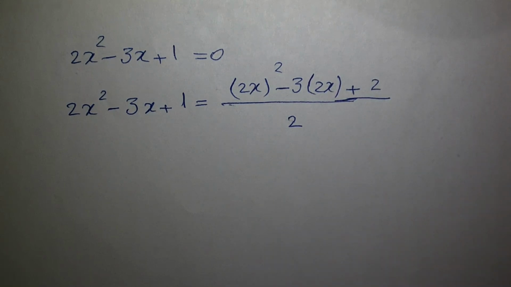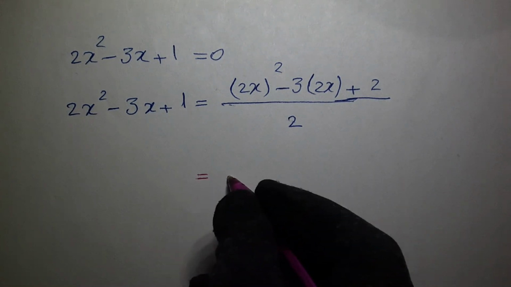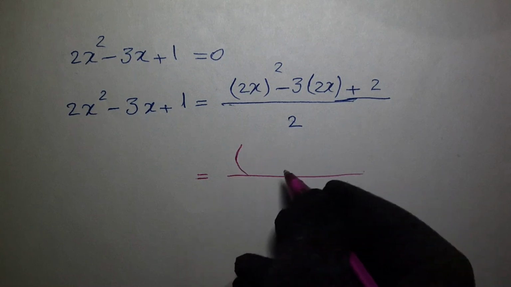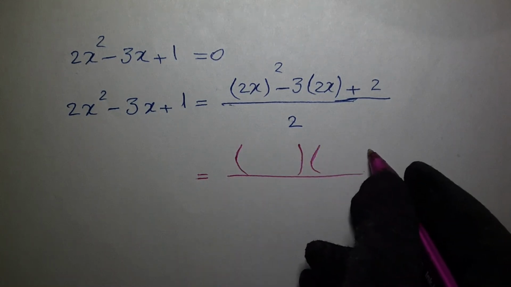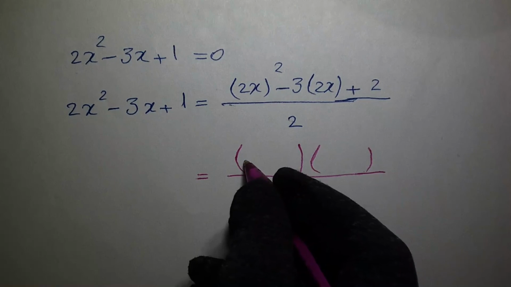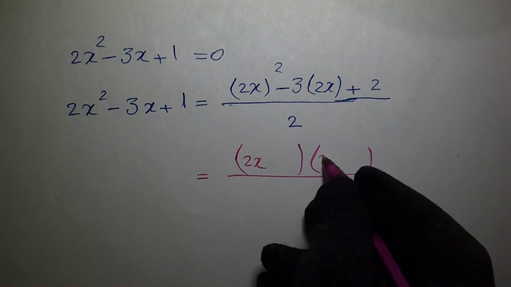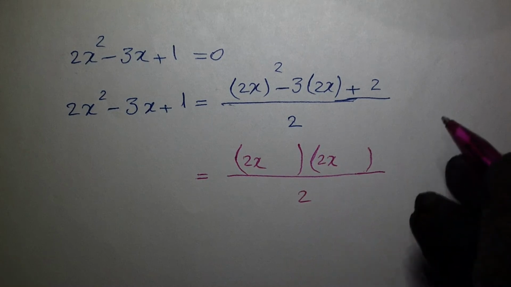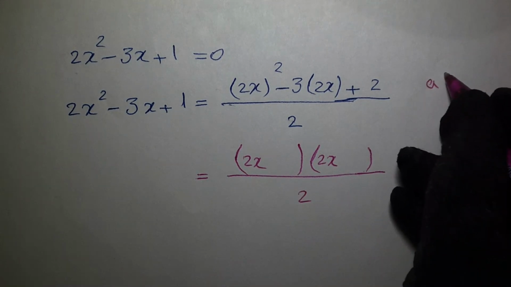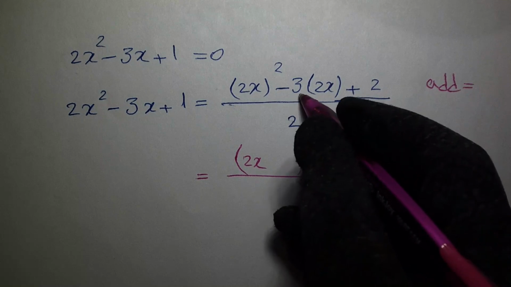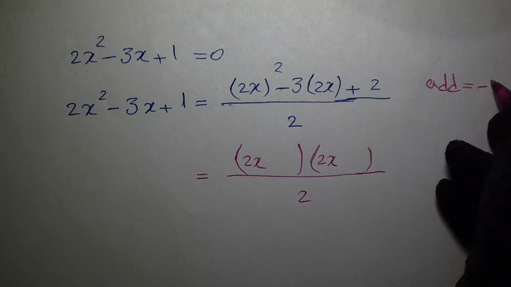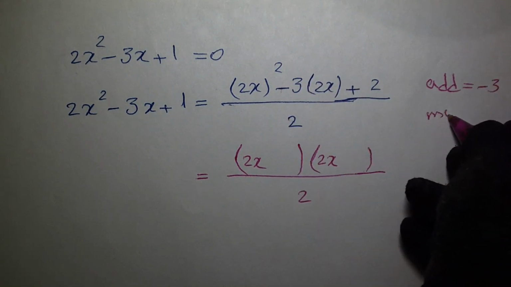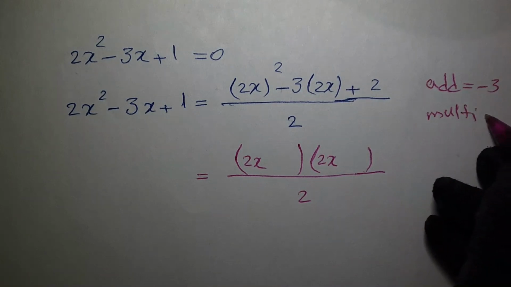Now 2x is our new variable, so I can write the top of this fraction as a multiplication of two parentheses, with 2x as the first term. Then I'm looking for two numbers that, if I add them, I will get negative 3, and if I multiply them, I get 2.